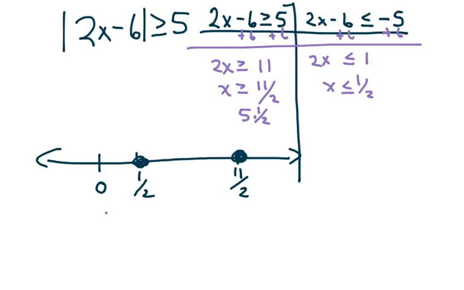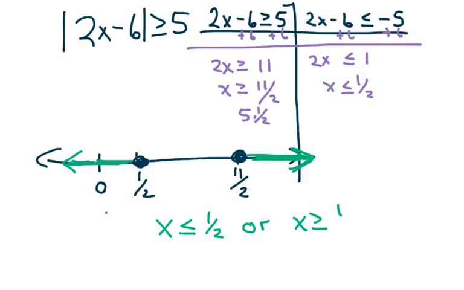It says x is greater than or equal to 11 halves, so it goes this way, and x is less than or equal to 1 half. So you would write this as x is less than or equal to 1 half, or x is greater than or equal to 11 halves.